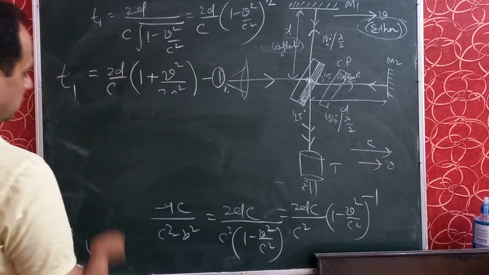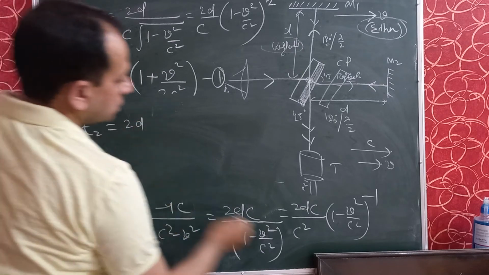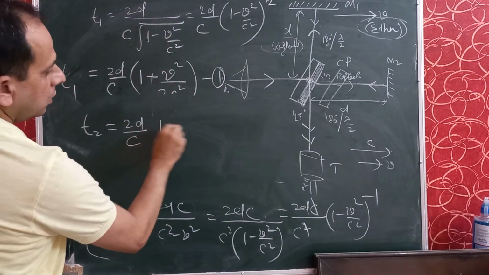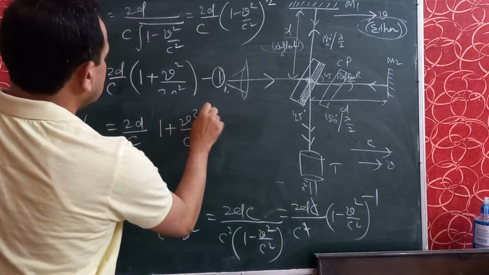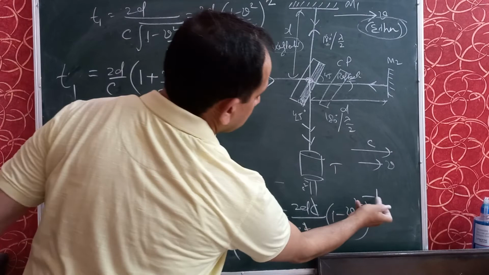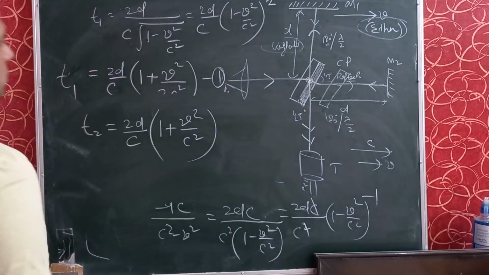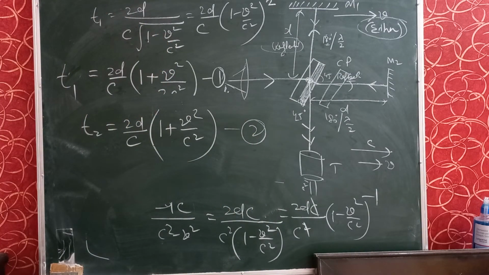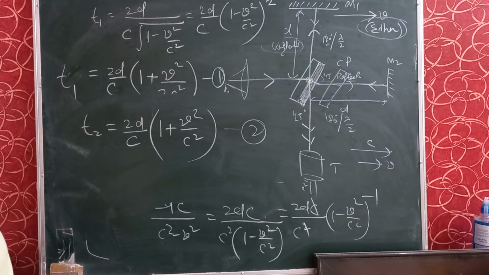And then this T2 will be 2d, this c is cancelled with this c, 2d by c into 1 plus v square upon c square. Minus 1 multiplied with this gives 1 plus v square by c square. So this is the time for the second journey, T2.